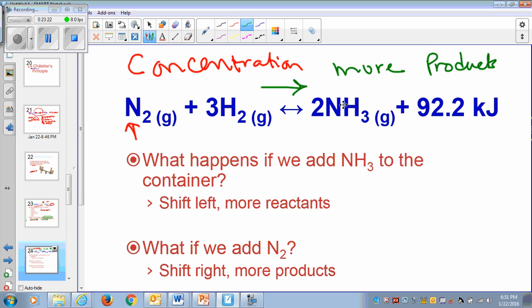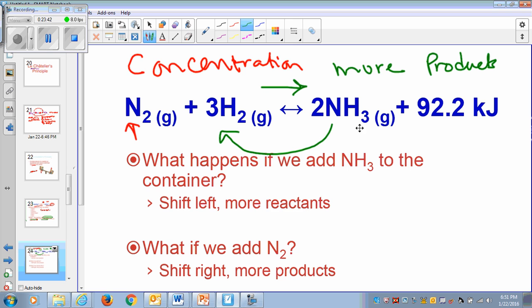Once it's produced more products, eventually the concentration of the products will increase. And once that concentration of the products increases, it will start producing more reactants. So eventually the reaction will stabilize at a different stage of equilibrium, because the purpose of this reaction is to attain the dynamic equilibrium.